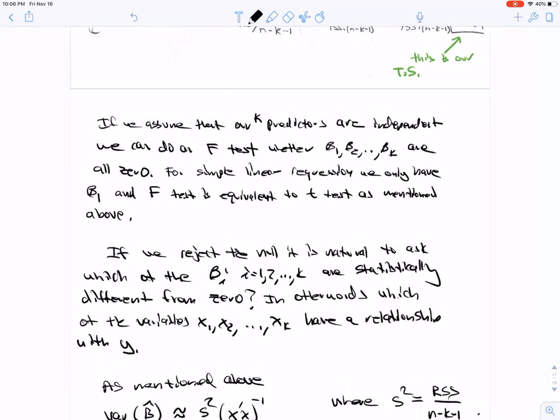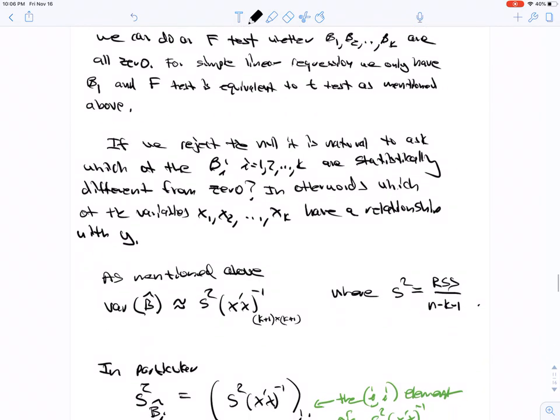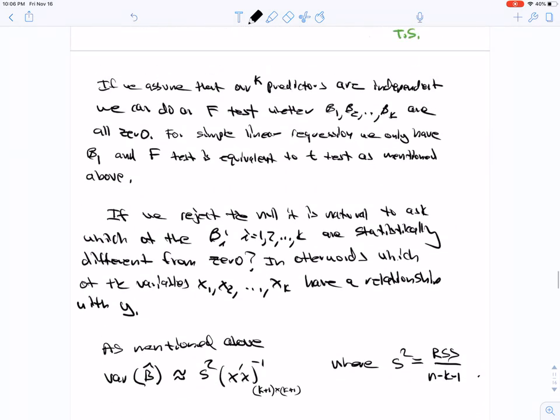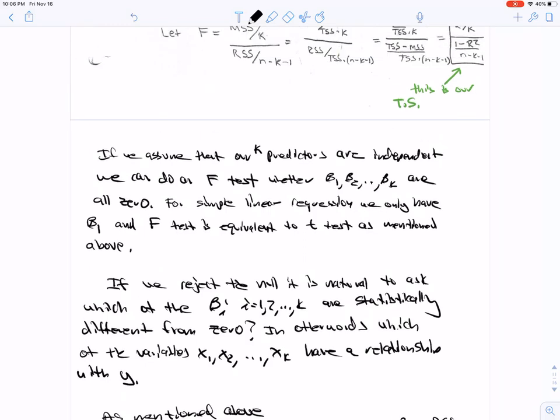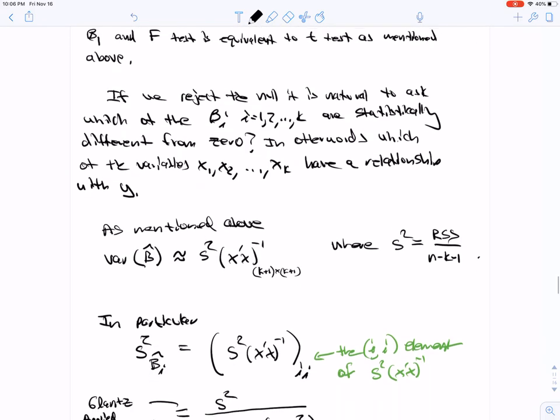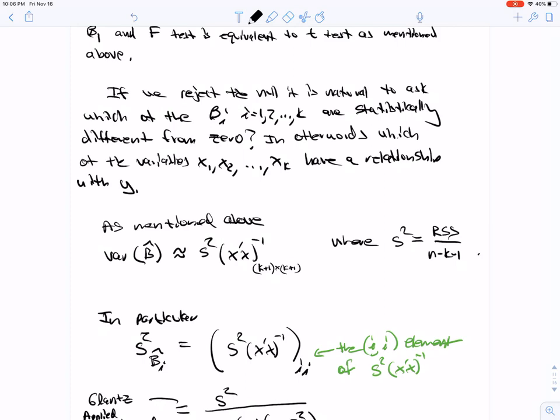So if we assume that our k predictors are independent, we can do an F test of whether beta 1, beta 2, up to beta k are all 0. For simple linear regression, we have only beta 1, and the F test is equivalent to the t test as mentioned above. So we didn't need the F test for simple linear regression, but we clearly need it now.